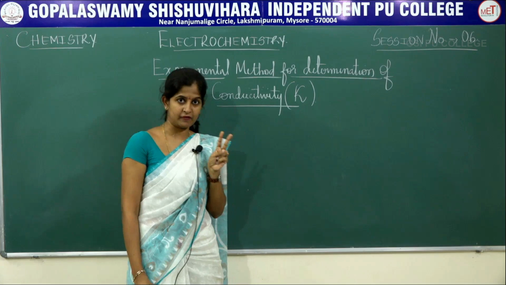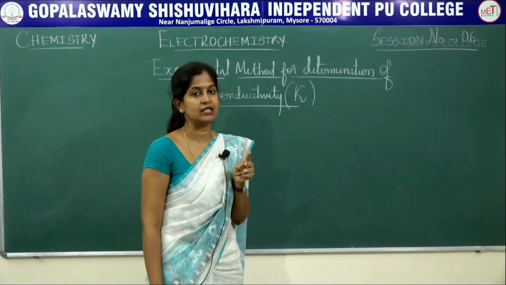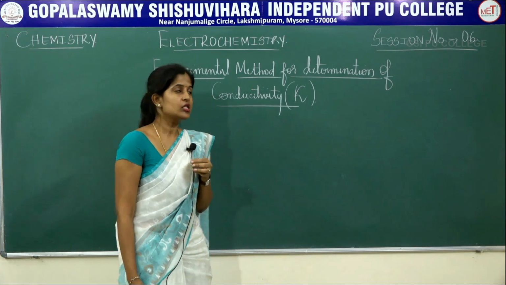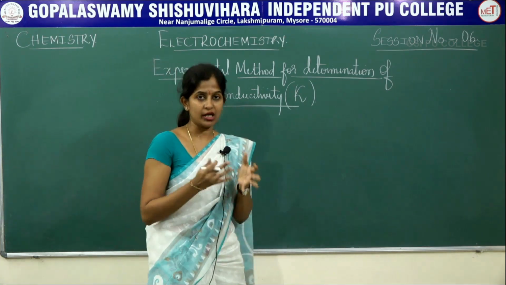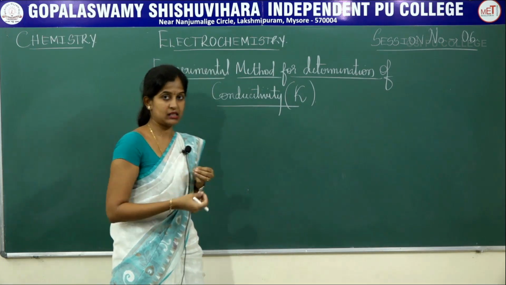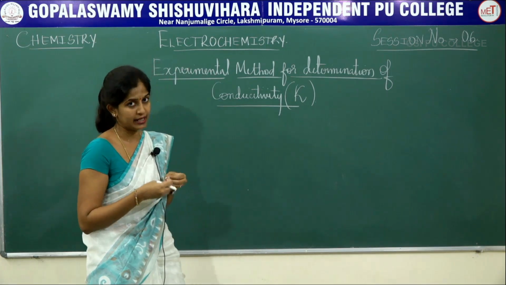We have studied two types of conductors: solid conductors, which are electronic conductors, and electrolytic conductors, which are aqueous conductors. Just by taking a solid conductor you can easily measure conductance or resistance, but it cannot be done in such a way with an electrolytic conductor.